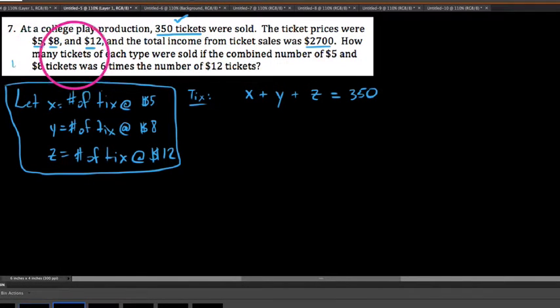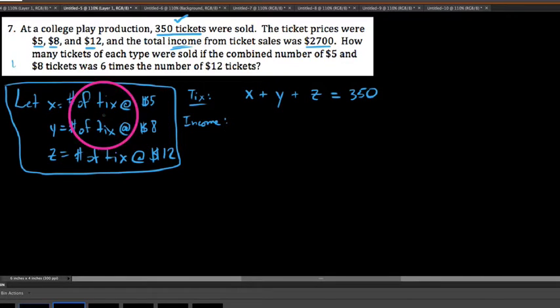Now these next numbers are all in dollars, and that had to do with income. So defining an income equation here, how would you figure out your income? Think about this. If you knew how many of each type of ticket you sold and how much you made off each type of ticket, how could we find our total income?